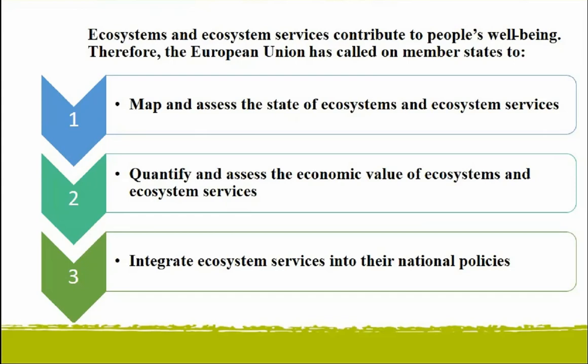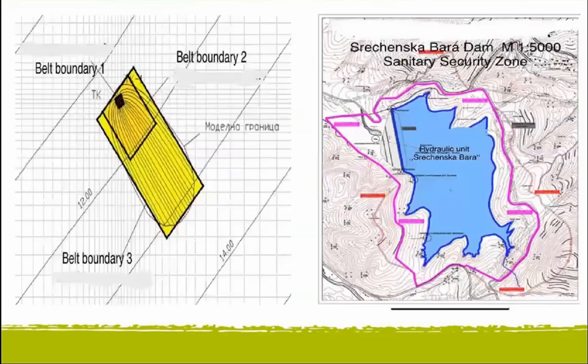Sanitary protection zones, or the so-called water protection zones, intended for drinking and domestic water supply according to the EU Water Framework Directive and the Water Law, are defined around water sources and facilities for drinking and domestic water supply from surface and groundwater.